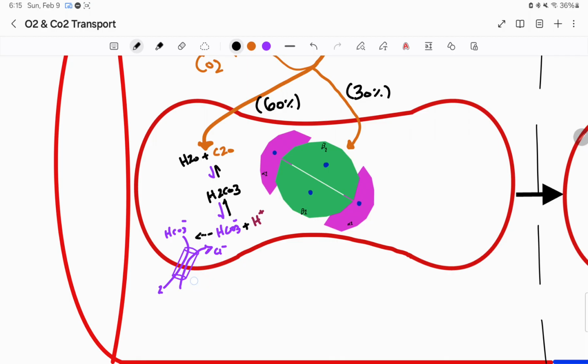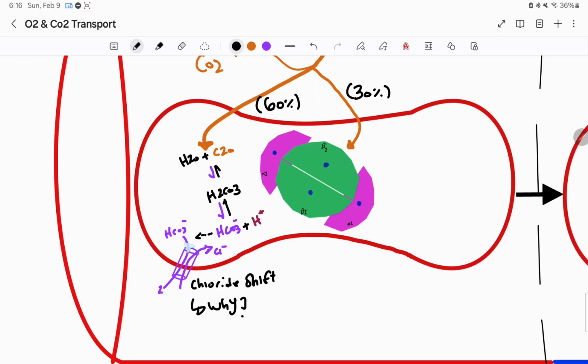This is called the chloride shift, okay? So when I take a chloride ion and I bring it in instead of that bicarbonate, that's called the chloride shift. Why did I do this? Well, I did this so I can maintain the electronegativity of the cell. Because remember, bicarbonate is a negative ion, and I just pumped it out, okay?